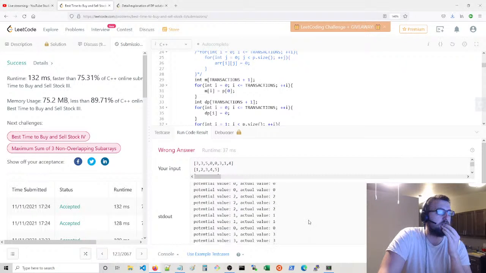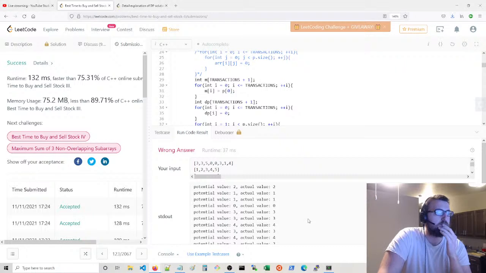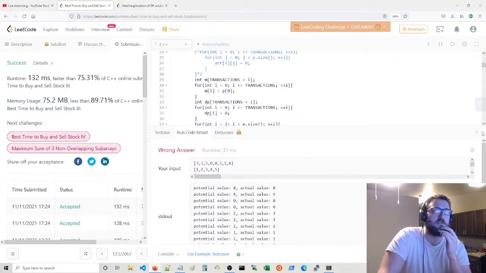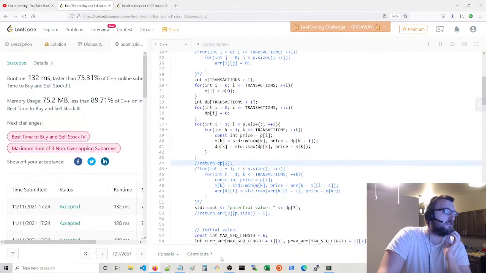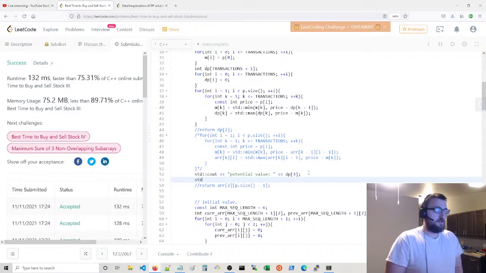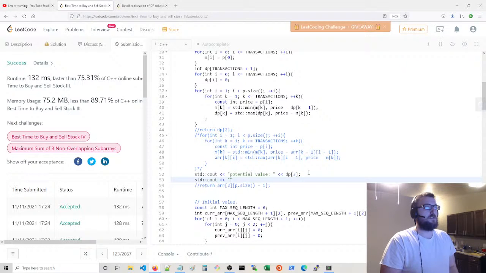Oh man. Uh-oh. Am I wrong? Does it not generalize? And that was the whole thing. I spent like an hour trying to figure out whether or not it generalizes.